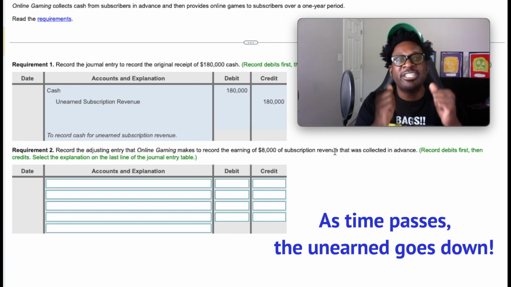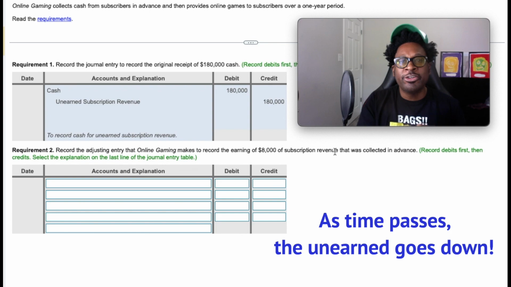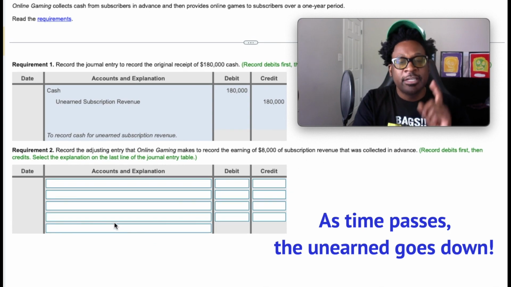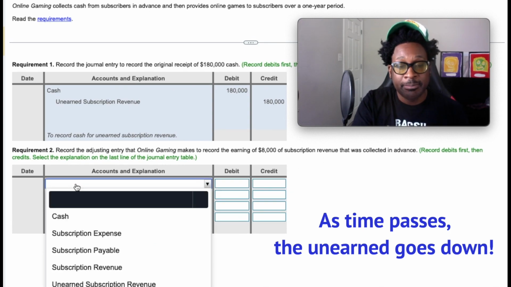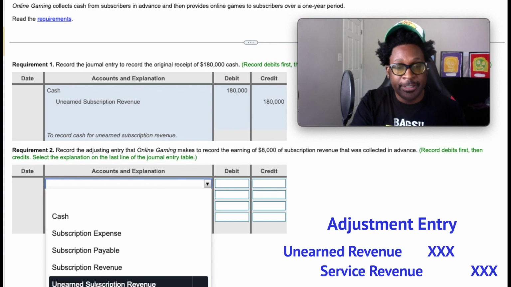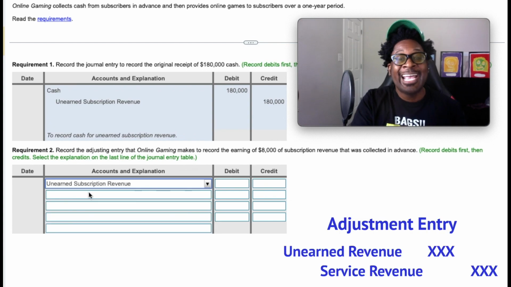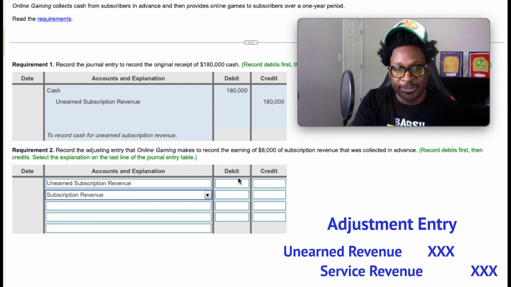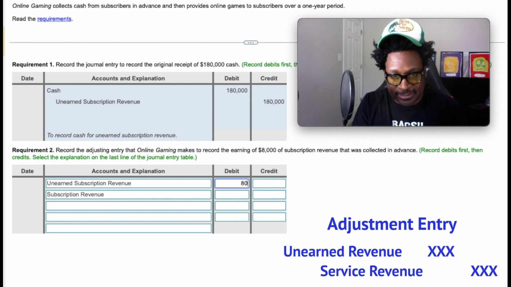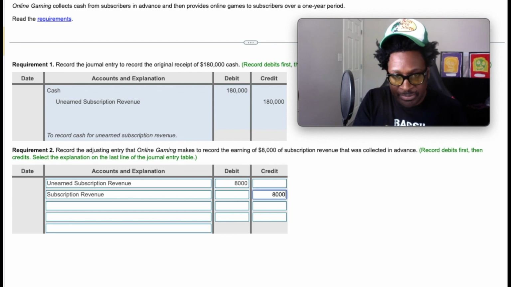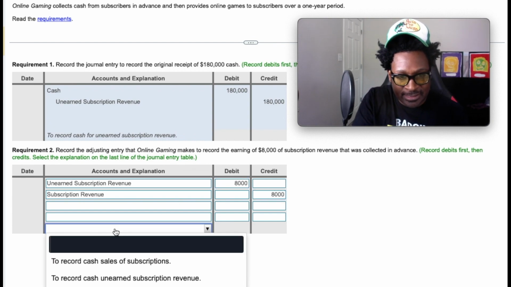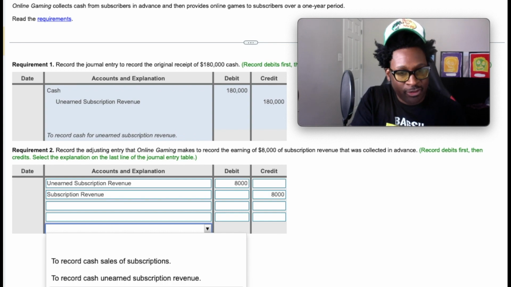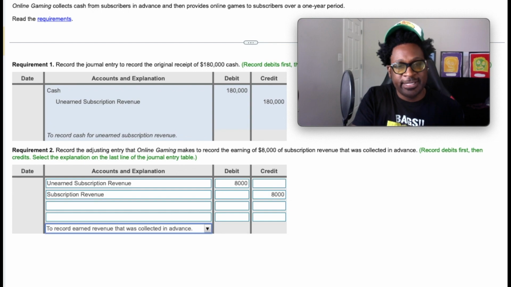So this particular adjustment entry for our unearned revenue requires us to decrease our liability by debiting unearned subscription revenue and crediting the actual revenue that was earned, the subscription revenue, for the $8,000. And so in terms of a proper explanation for this game, it's going to tell us to record earned revenue that was collected in advance. So we're going to check the answer.